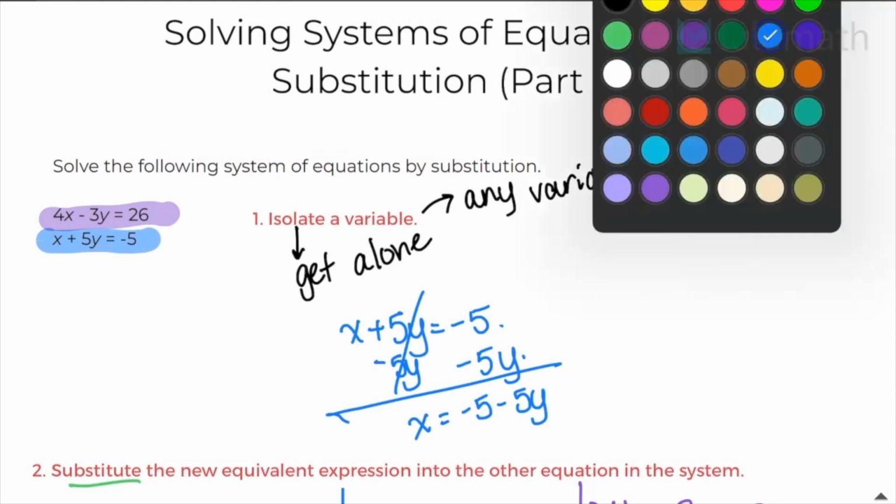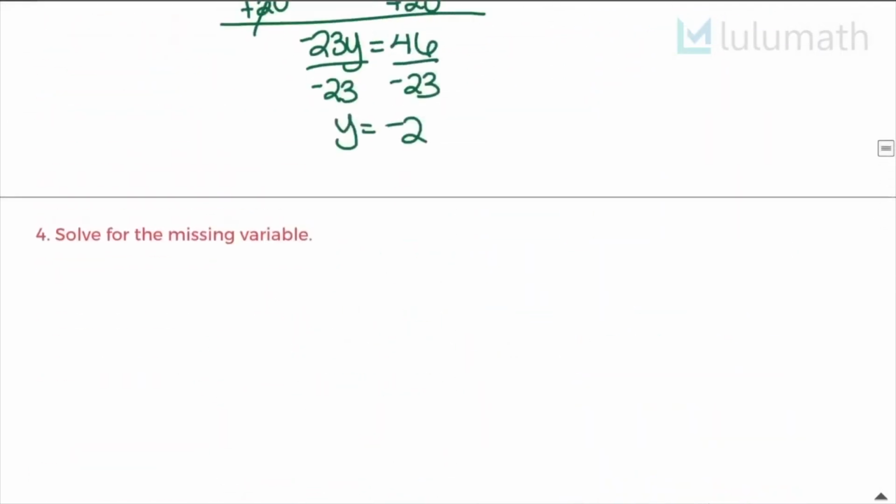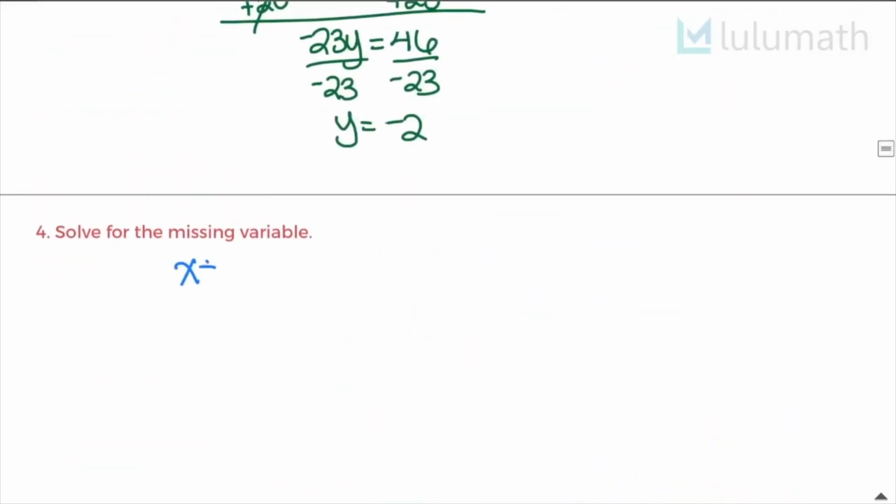So I'm going to go ahead and get this x plus 5y equals negative 5 written down. And since I know y is negative 2 right here, I can replace this y with a negative 2. Okay, and then I can just copy the rest of my equation down. So x plus 5, this says 5 times y, so 5 times negative 2, equals negative 5.